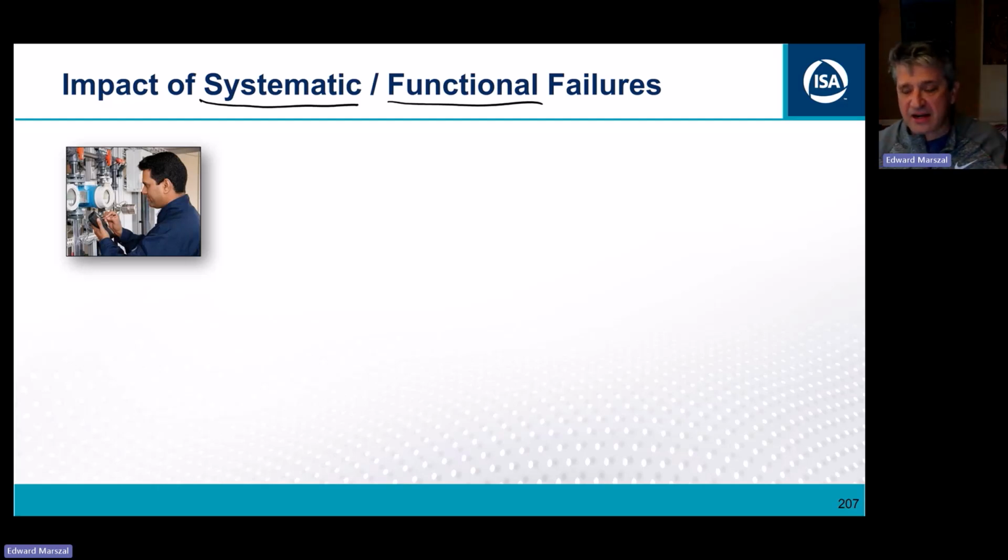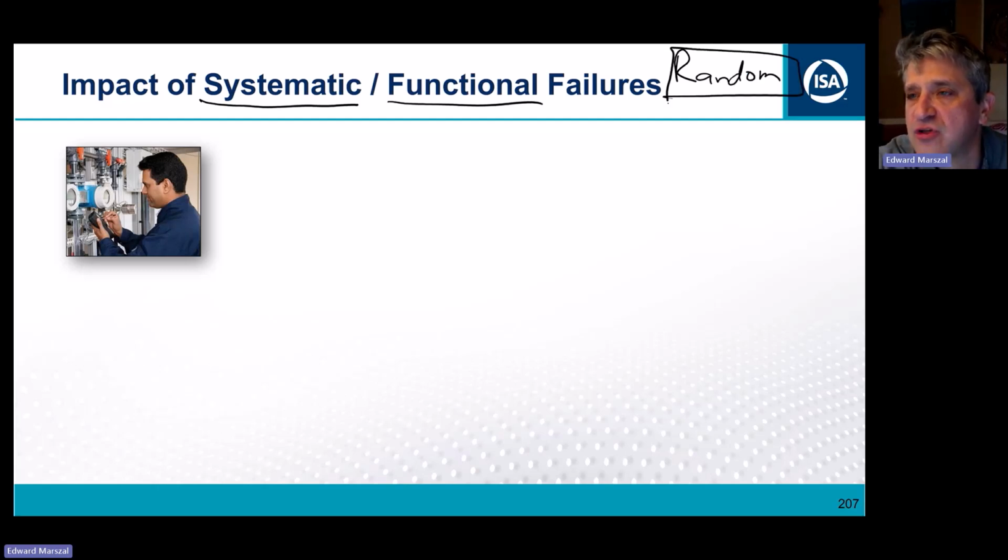So a systematic failure is something that's different than what we're going to do our SIL calcs on. We're doing our SIL calcs on random failures. Random hardware failures is what we're focused on when we run our SIL verification calculations. But we have to acknowledge that there is going to be an impact from a systematic failure.